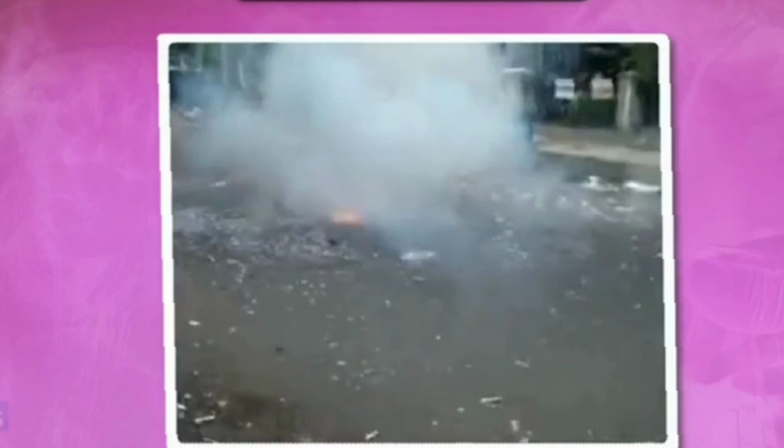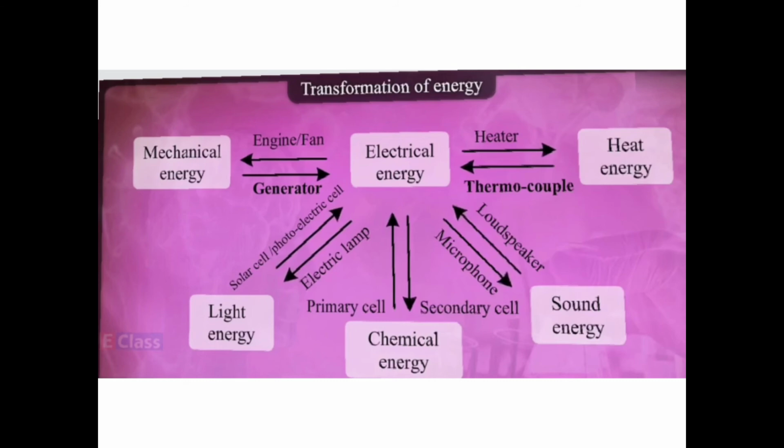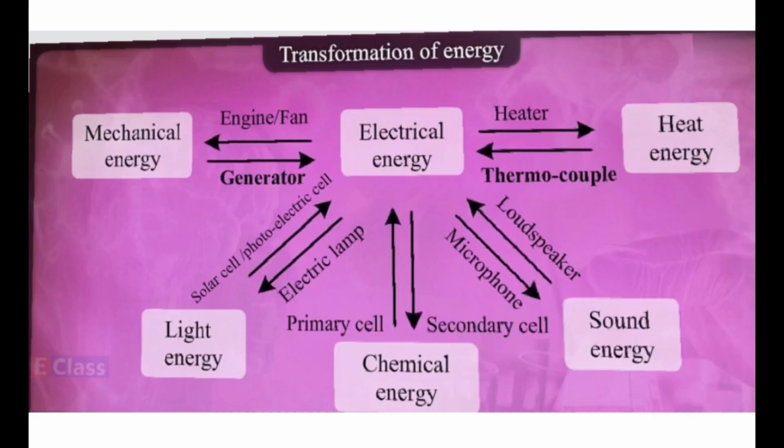When you light it, what happens? It gives the sound, it gives the light, and all the wrappers of the paper from which the cracker is made go here and there. So it gets converted into sound energy, light energy, and the mechanical energy also.